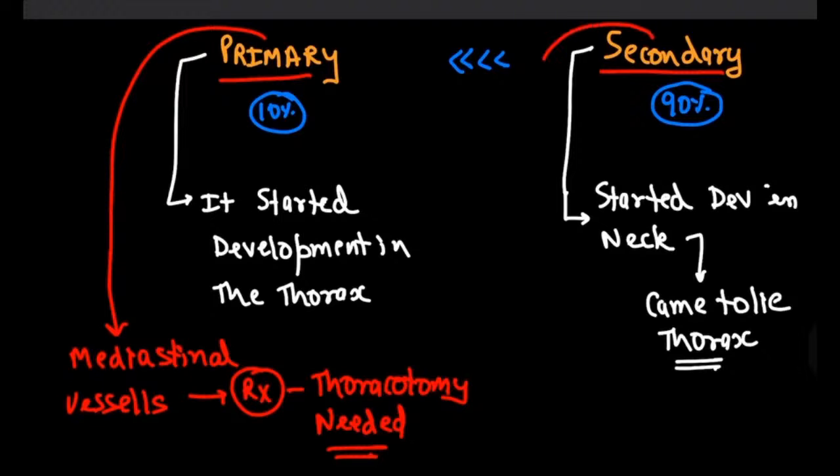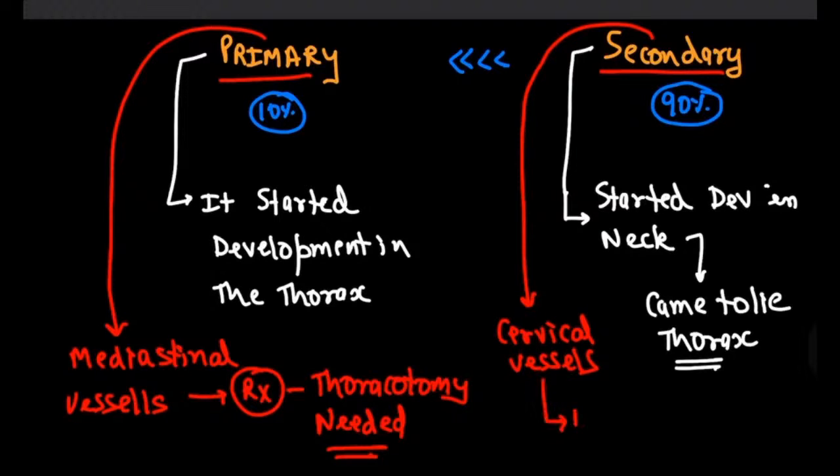On the other hand, the secondary retrosternal goiter is usually going to have cervical vessels, and because it has cervical vessels, for the treatment you just need to control the cervical vessels. Okay, thoracotomy is not needed, a cervical incision is enough.